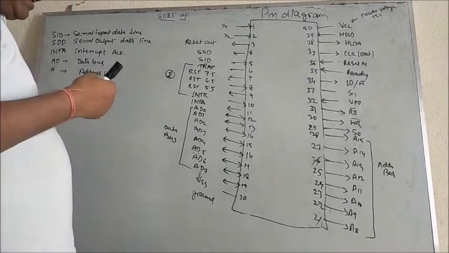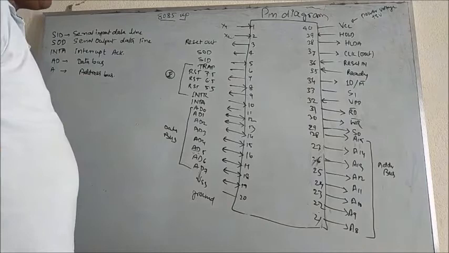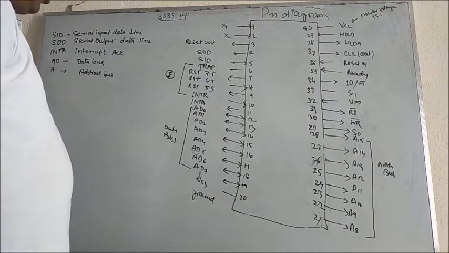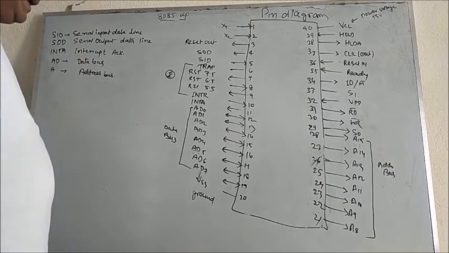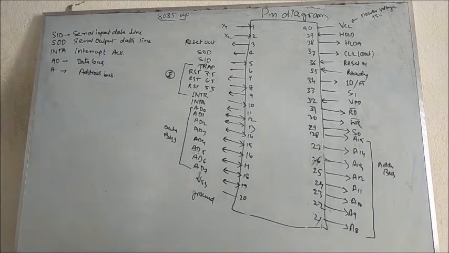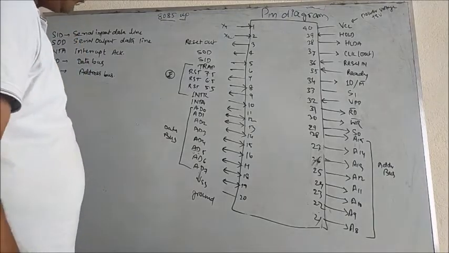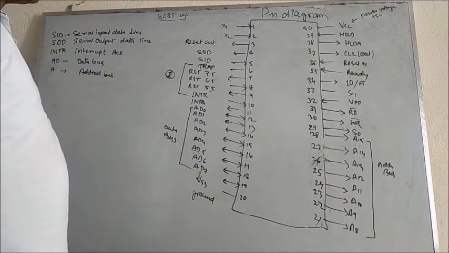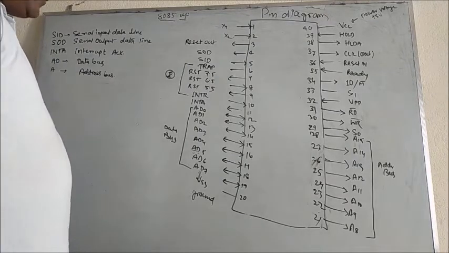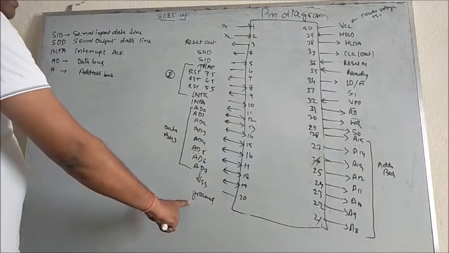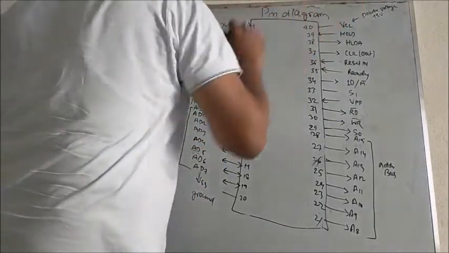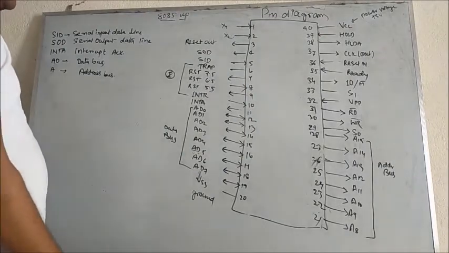Slowly, as this session progresses, I will let you know all the details of each and every pin, right? But before that, let's take a quick review of some special pins. First, I am going to introduce VSS and VCC, right? So these are the power supply.